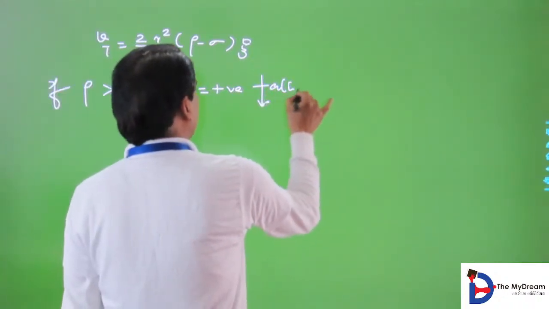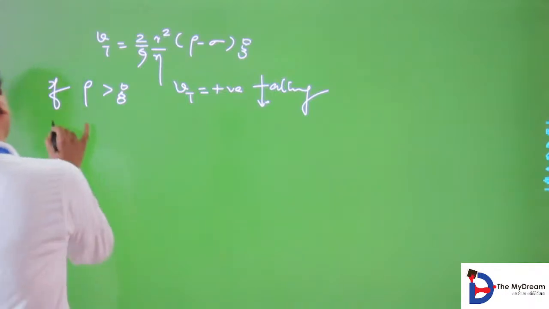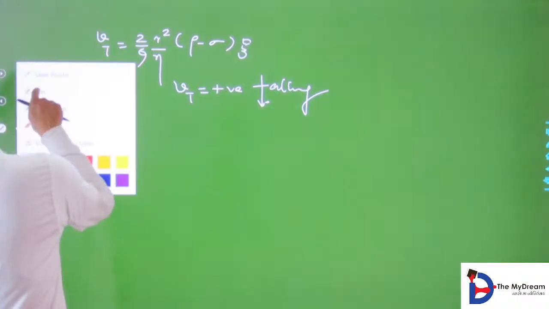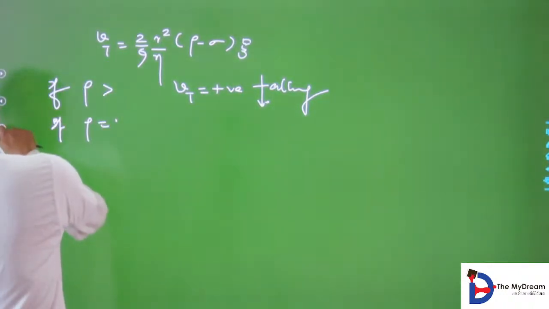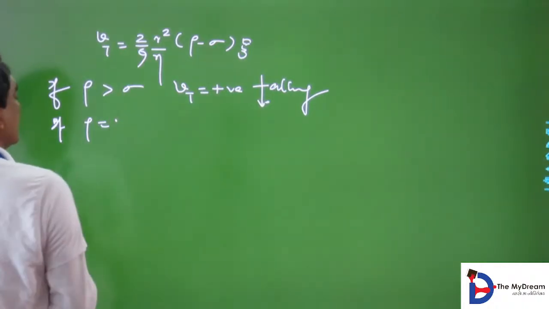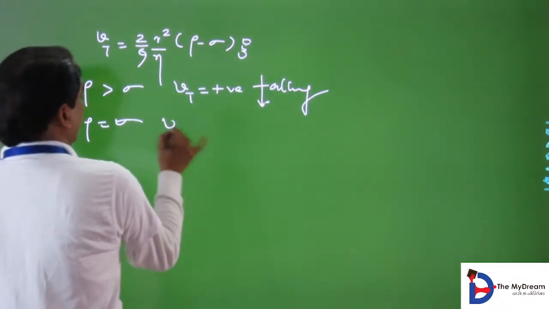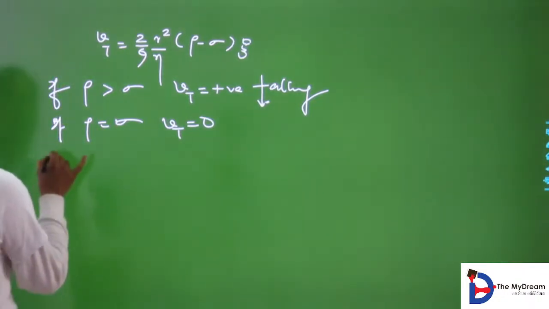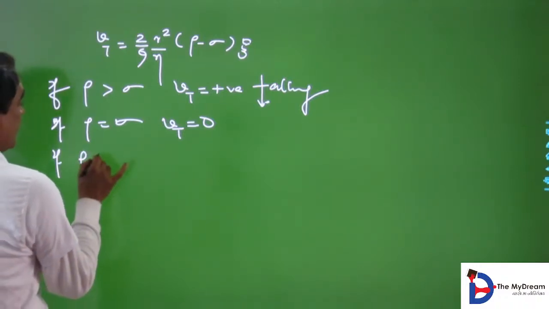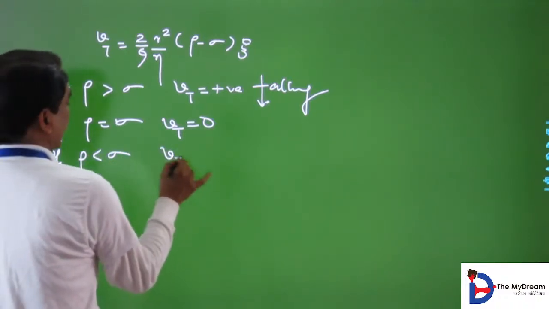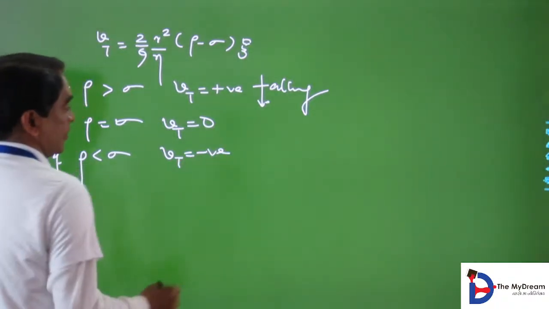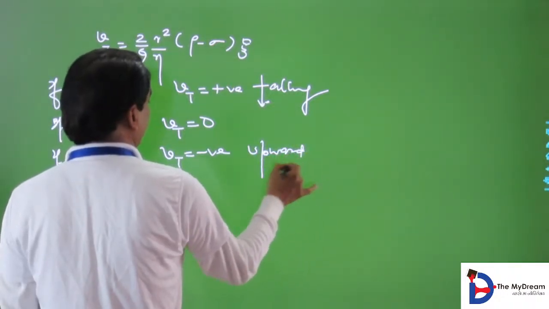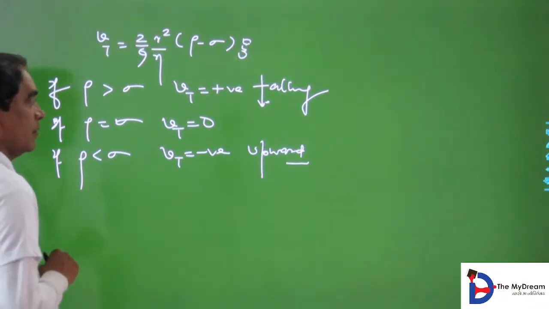If rho is equal to sigma, then terminal velocity will become 0. If rho is lesser than sigma, the terminal velocity will be negative. It moves upward, like a balloon.